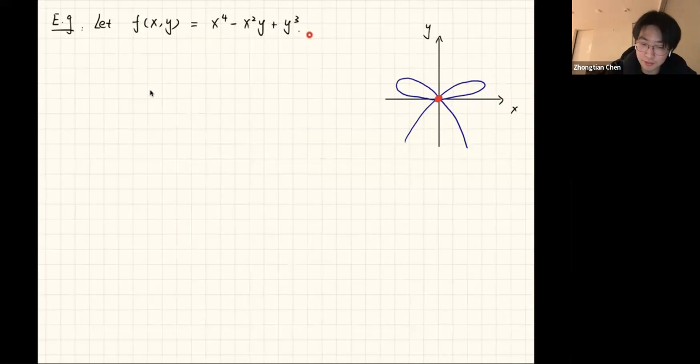Let's consider this polynomial, and this is a curve, an algebraic set. It determines this curve, and you can see it has a complicated singularity at the origin. You can also do this just using our definition: you compute the Jacobian and argue that the origin is the only point where the Jacobian and this polynomial vanish.